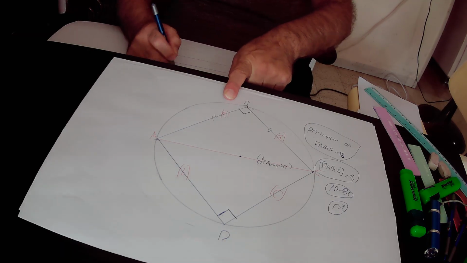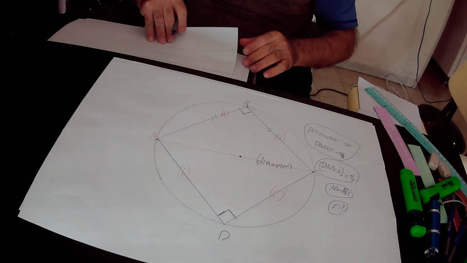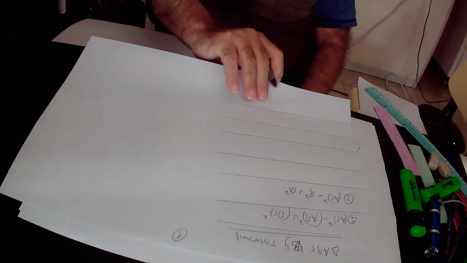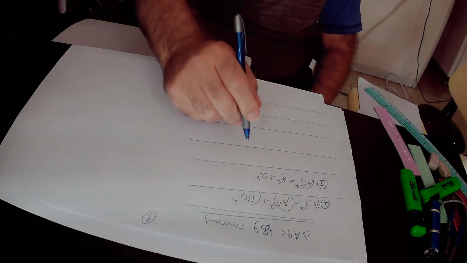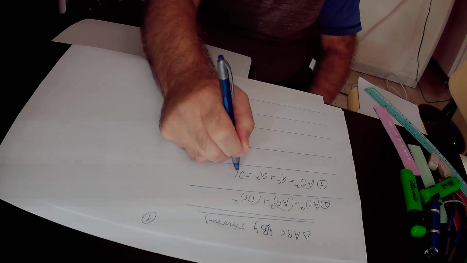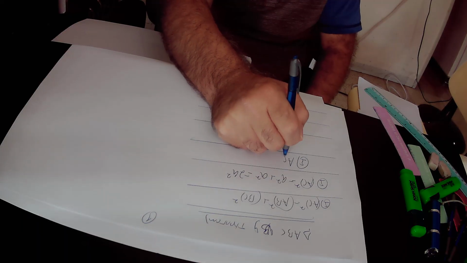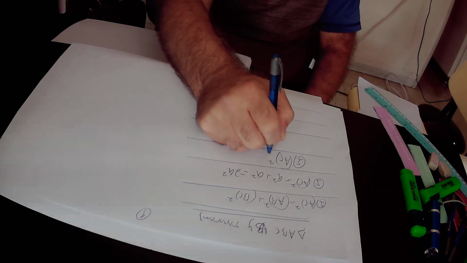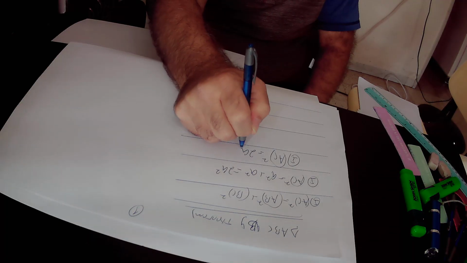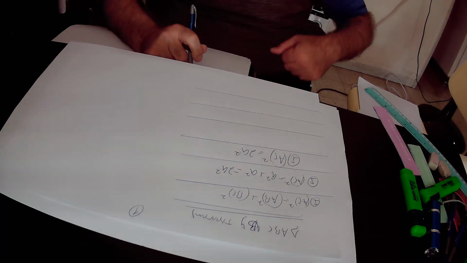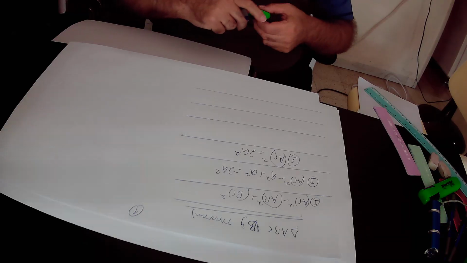So in total, AC squared equals A squared plus A squared, that is 2A squared. So AC squared equals 2A squared. Going to question 1.